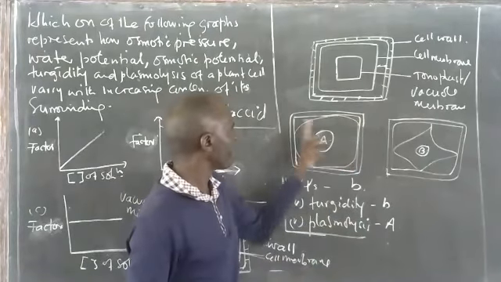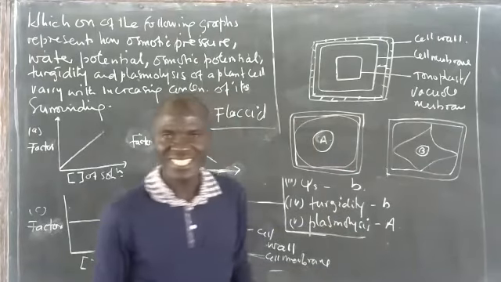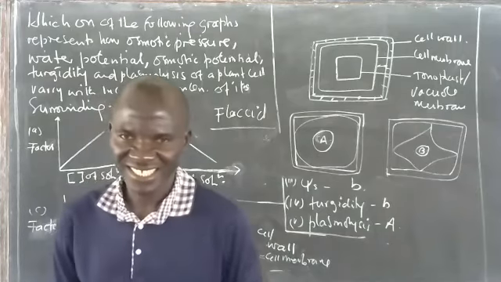The smaller the gap between the membrane and the wall, the less the plasmolysis.